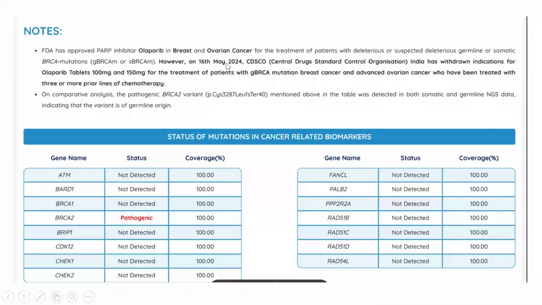Here is the information which came out last year about olaparib, not the remaining PARP inhibitors. It has been withdrawn for the indications beyond a few lines of therapy. So here you see coverage is given, as I mentioned earlier.